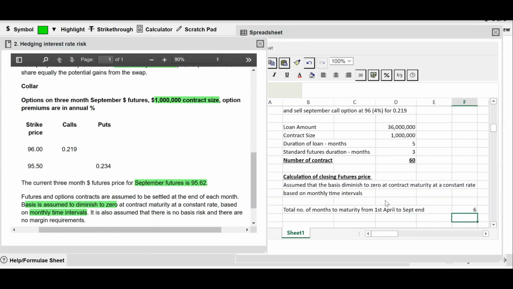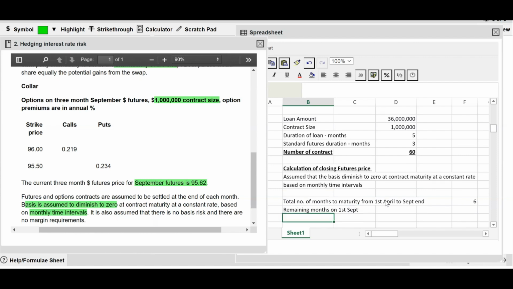Calculate it: April, May, June, July, August, including September, is 6 months till the end of September. The remaining months on 1st September, at the beginning of the month, is only the September month. From 1st September to the end of September, that is 1 month.